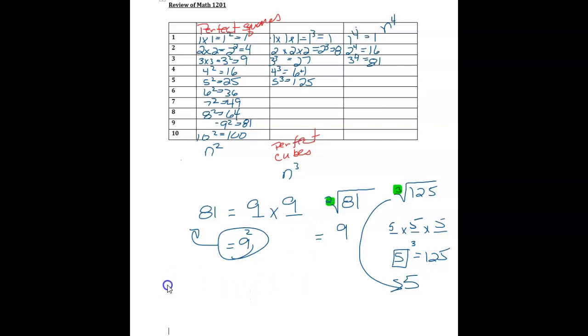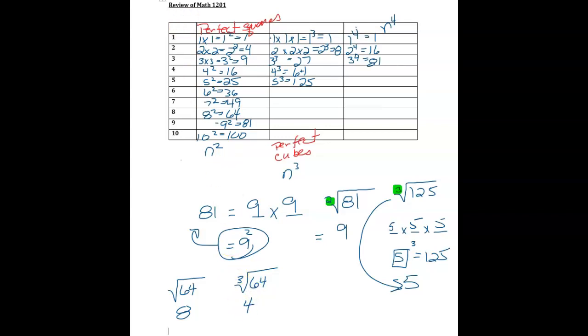So now, if I have this square root of 64, this means what number multiplied to itself twice gives me 64? 8. And if I had something like this written here, cube root of 64, well, what number has to multiply to itself 3 times to give me 64? The answer would be 4.